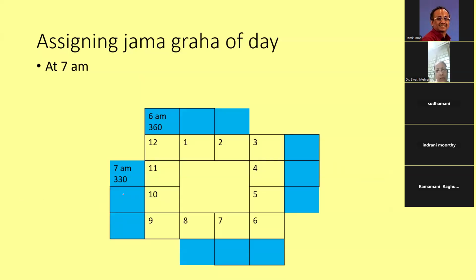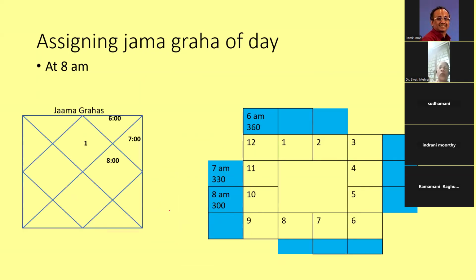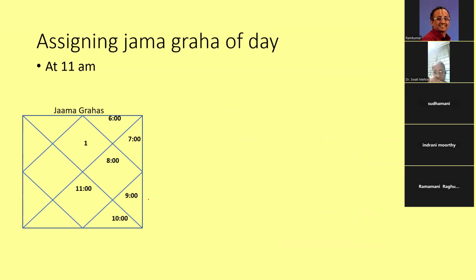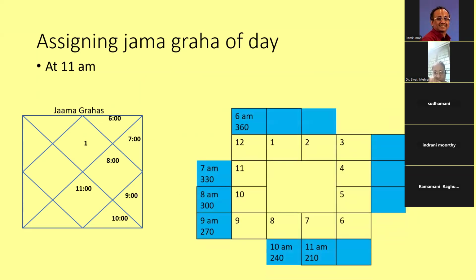Then at 9 o'clock, minus another 30, 270 degrees, right? Like that, you can just put the clock, you'll get the time. Okay? Is this clear? At 11 o'clock, it will be at 210 degrees. So at 11:04, what degree will it be?